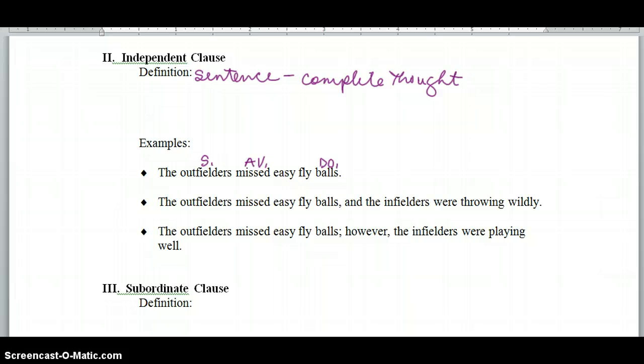Now, independent clauses can also be joined together. And that's what's going to happen in these next cases, and we're going to have to talk about proper ways to join them. But here again, we've got action verb missed, who or what missed, the outfielders did, and they missed those fly balls, comma and, so a comma and one of our fanboys are coordinating conjunctions. The infielders were throwing wildly.